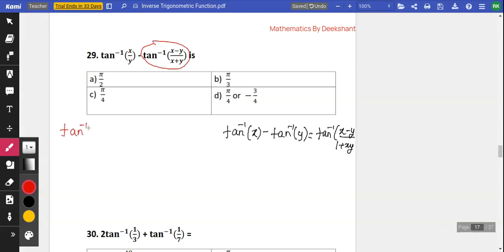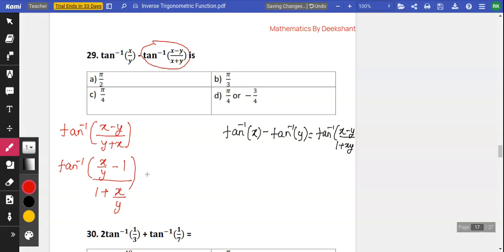In this term, tan inverse is x minus y. In the denominator part, x plus y can be written as y plus x. Now we divide numerator and denominator by y. Then it becomes x upon y minus 1 upon 1 plus x upon y. In this part, we divide numerator and denominator by y.